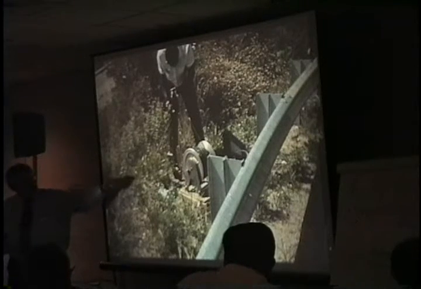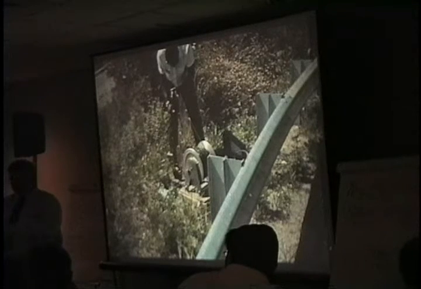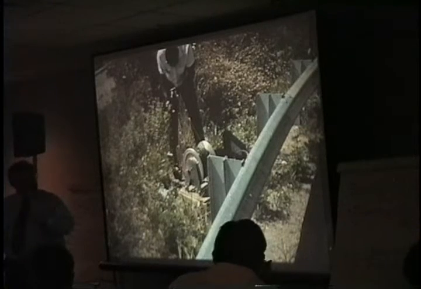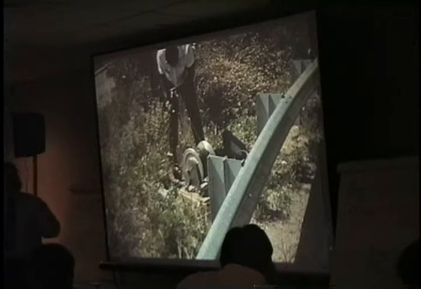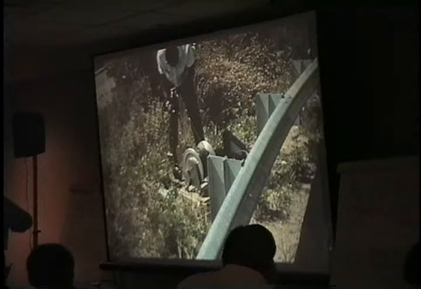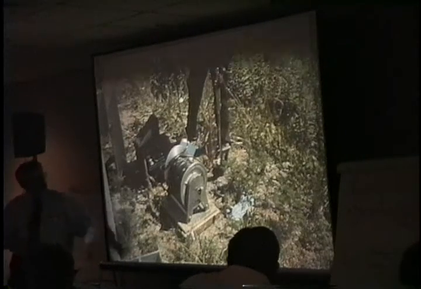They run a little torpedo down the tube, and it takes readings electronically, and there's a tilt meter in there, and it'll tell you if that thing is tilted or moved, and that helps you to see where the slide plane is. If you have a slide that's been going on for a long time, it helps you identify the slide plane. And these are all electronic cables.